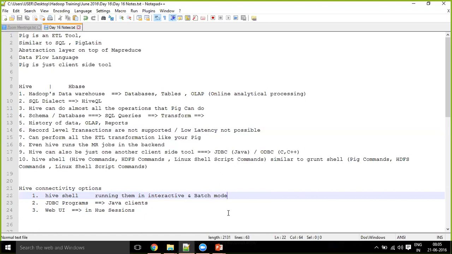Similarly here, write your 10 lines of Hive commands into one file and use hive -f followed by the file name. So in the Hive shell there are 2 types of execution. One is interactive, where you run query by query and wait for submission of another query until the current one completes. In batch mode, you write all your queries into one file and submit that file.